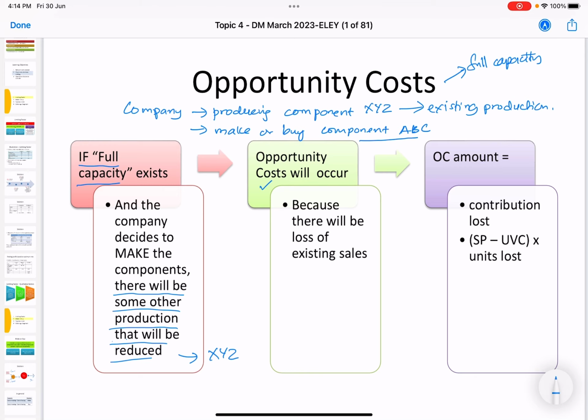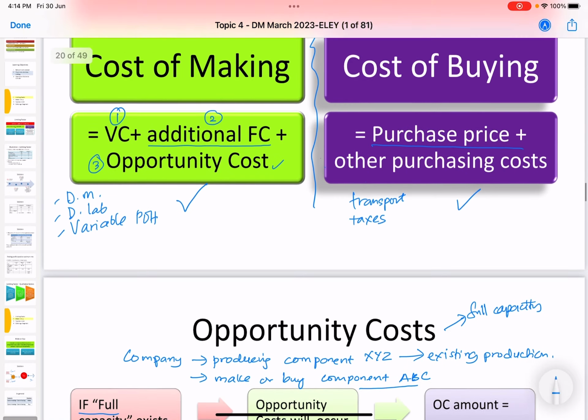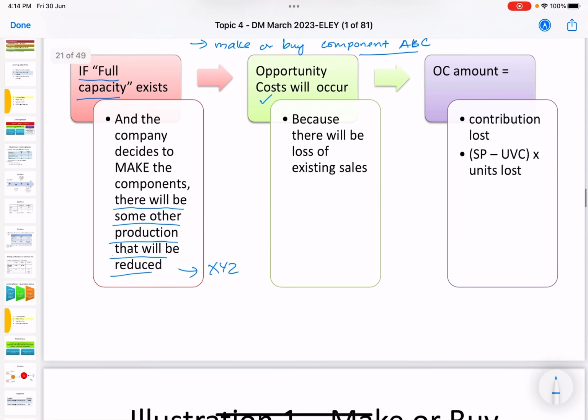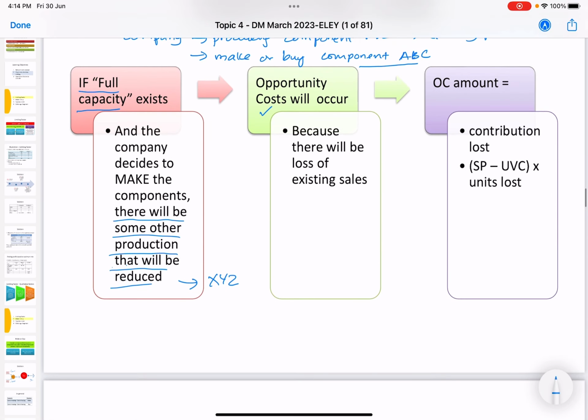And if opportunity cost occurs, you have to take it into account in the cost of making. So in the cost of making, you need to have some kind of quantified amount in ringgit and sen. So how do we calculate? We calculate based on the contribution loss from XYZ just now.